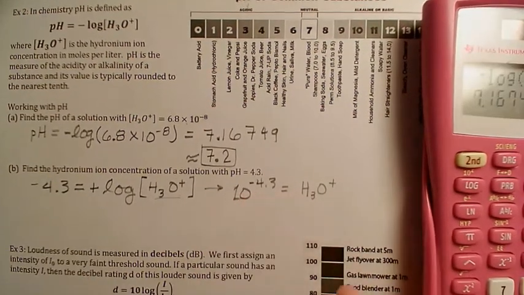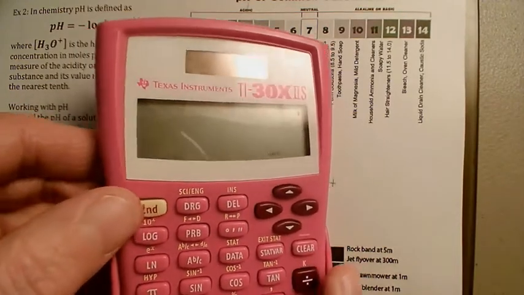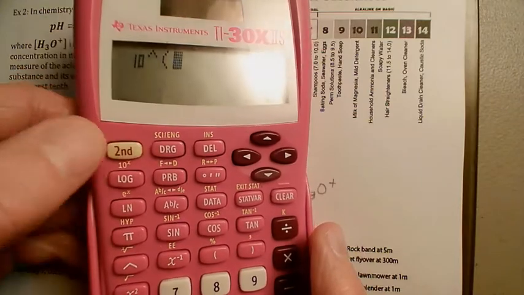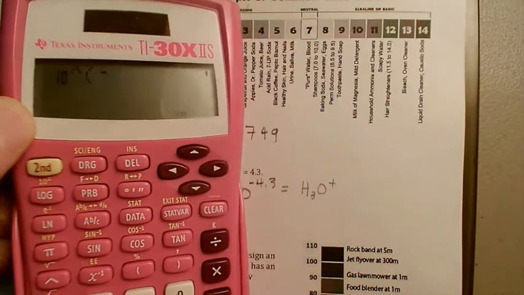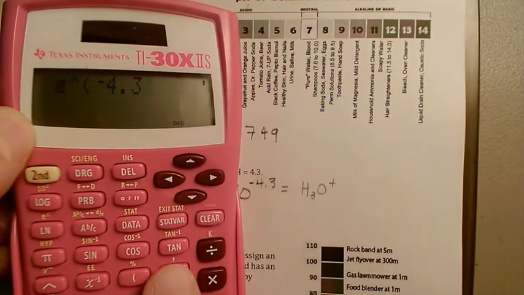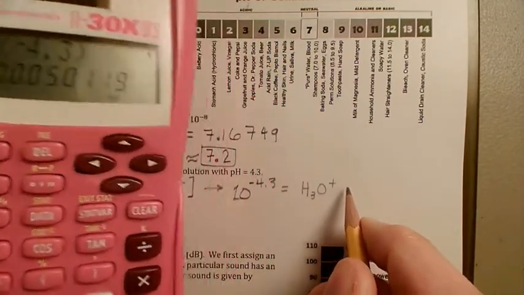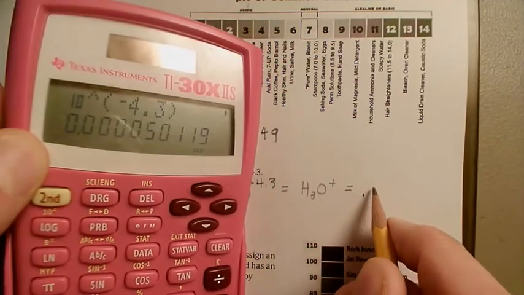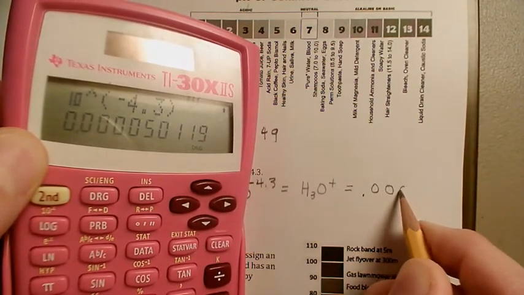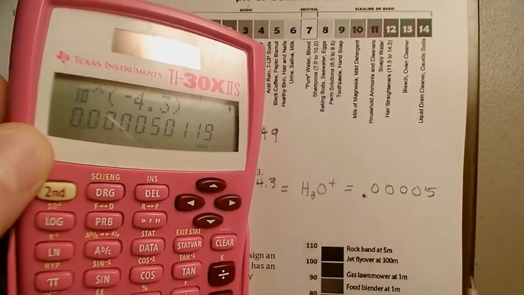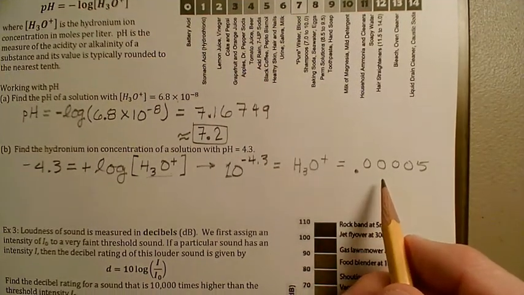So again, this would just be something we do in our calculators. We take and do the second log button, clear first. So the second log, that's 10 raised to the, and we want negative 4.3. And that is equal to 0.00005. We could certainly write that in scientific notation.